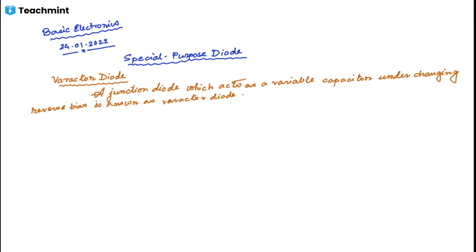So if I draw the block diagram as well as the symbol of this varactor diode, it will be like this.